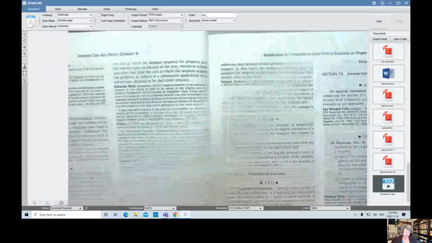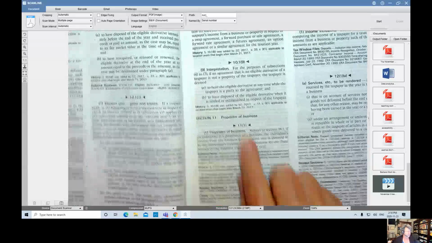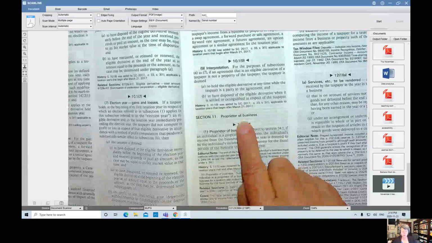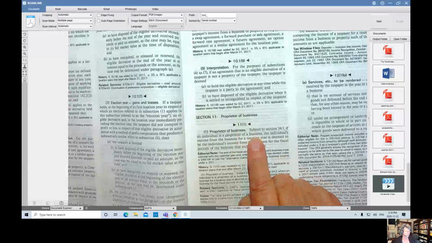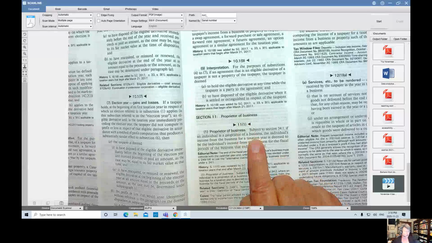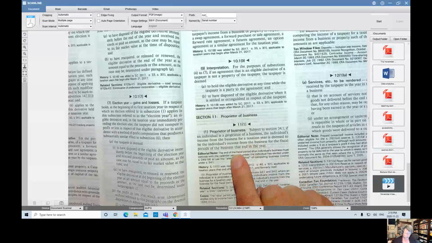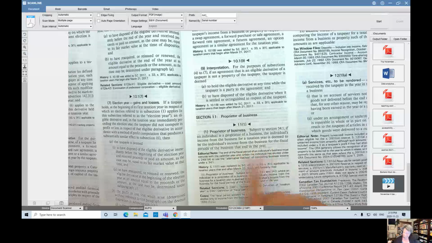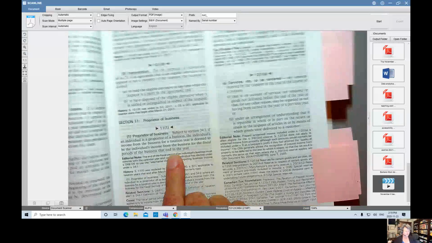I want to point out as we go along, we have section 11. This is if we have an unincorporated business, and it talks about the tax year. So this relates to the proprietor of an unincorporated business and having the business income included in his tax return in the fiscal period that the business ends, the year that that business ends.